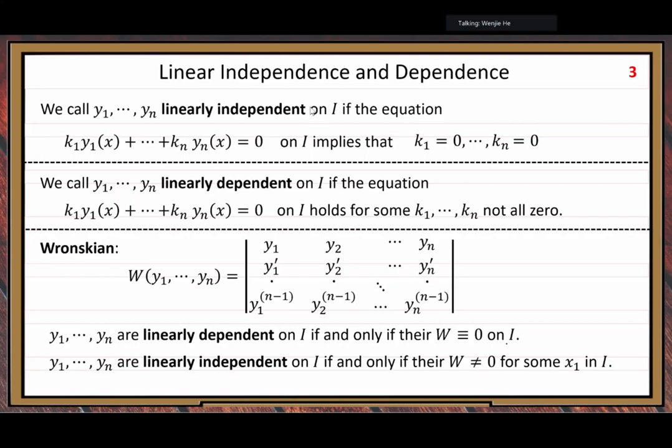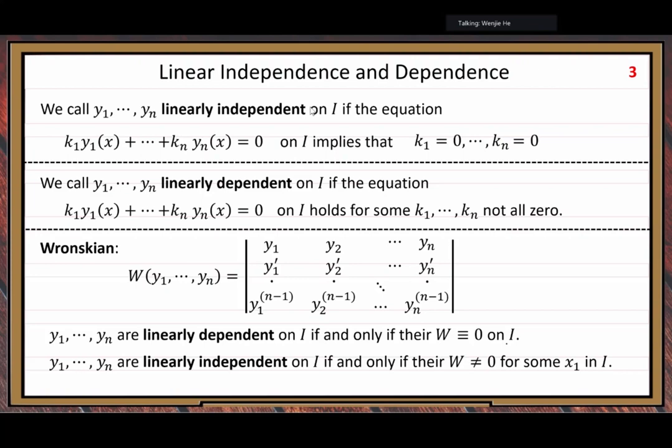If you calculate the determinant, you get a function. So if you can find 1 point x1 where W of x1 is not equal to 0, then the functions are linearly independent.